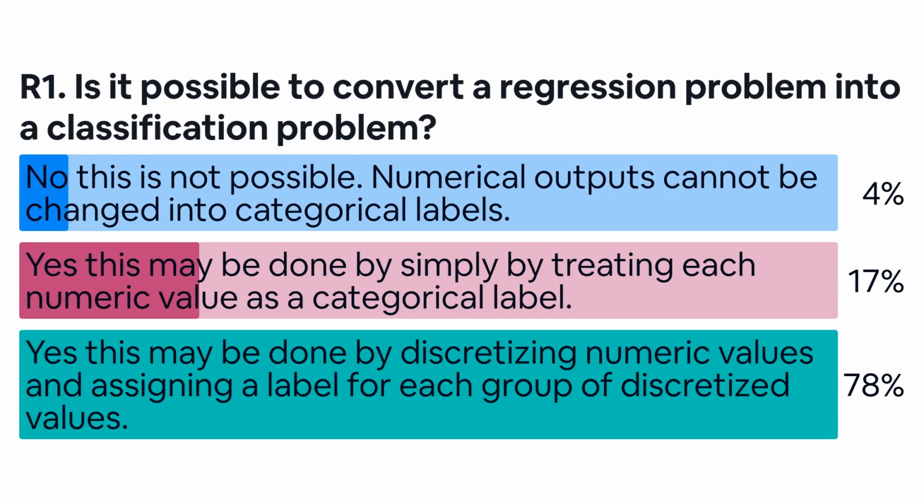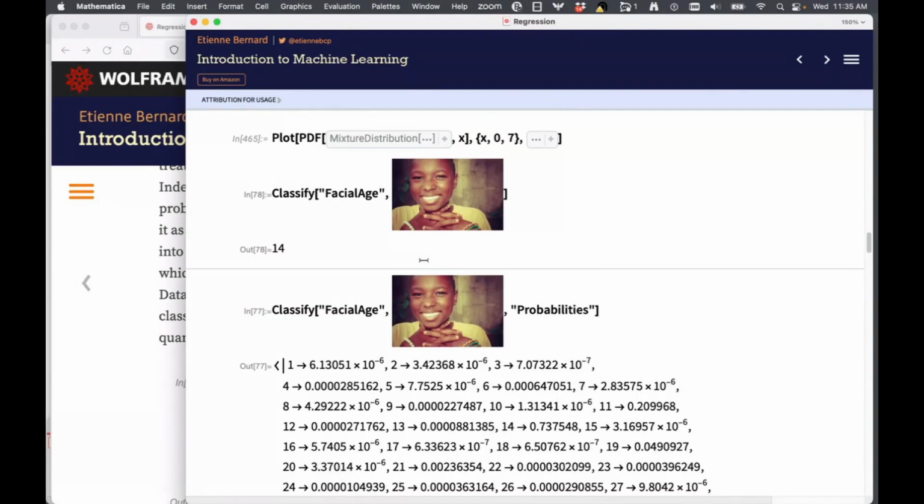You could treat each numeric value as a categorical label, but as we saw for that image age classification problem, let's see if I can pull that up here. Right here, we went with one class label for each of the 101 age values we have here.